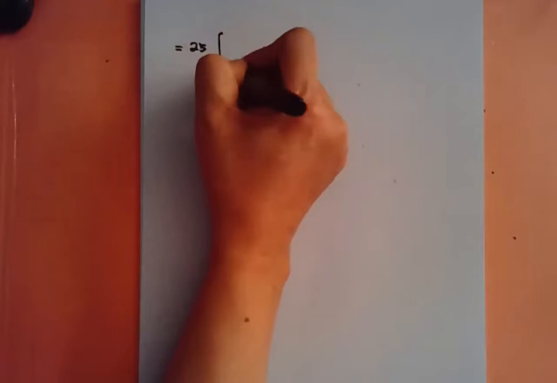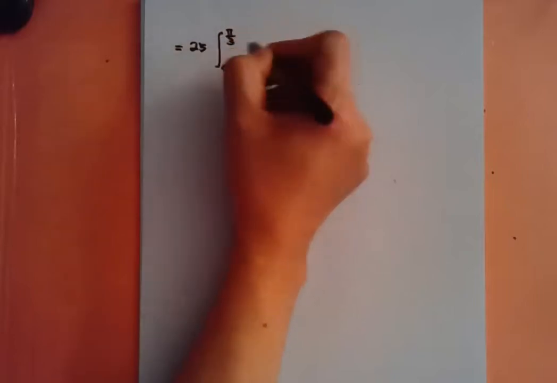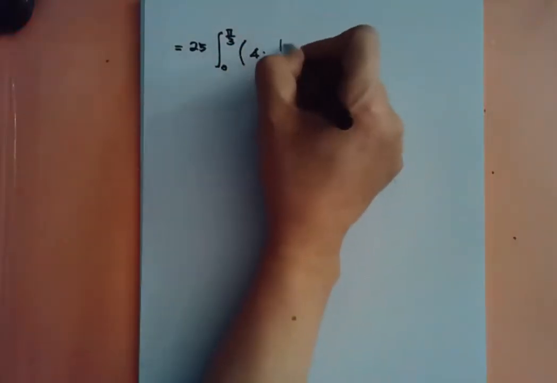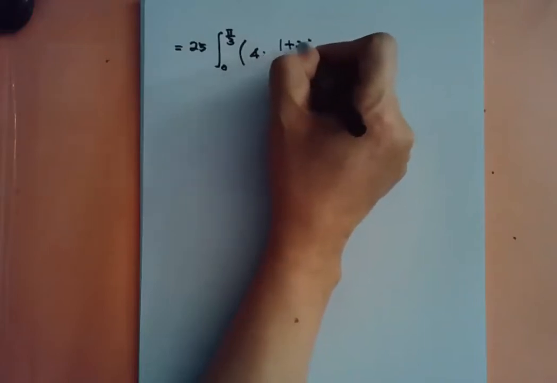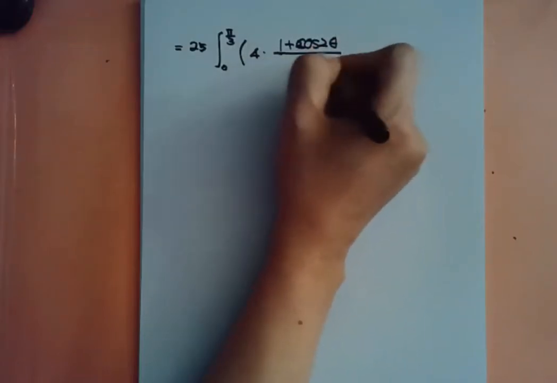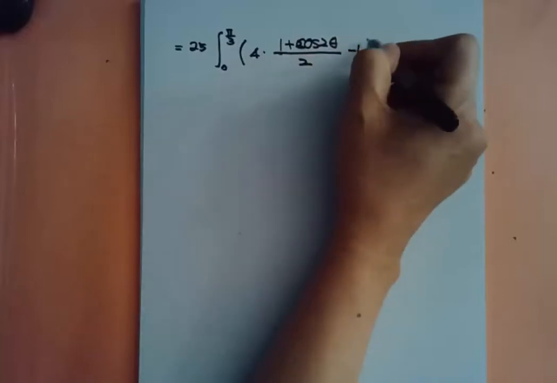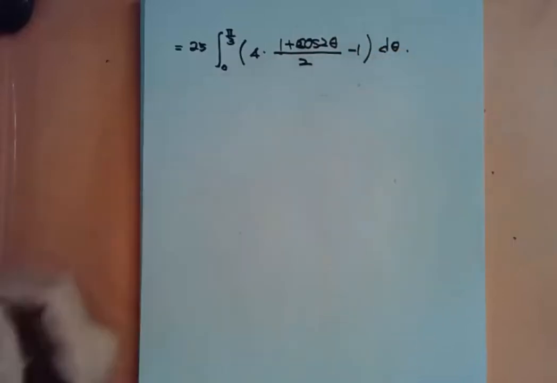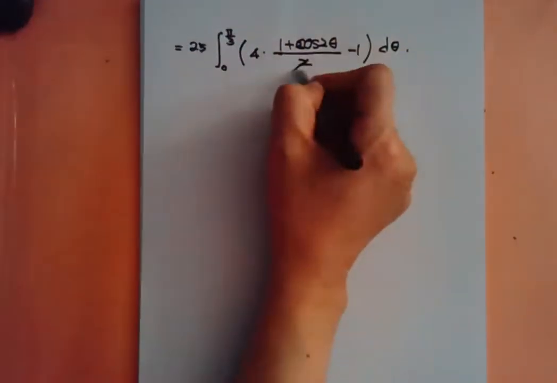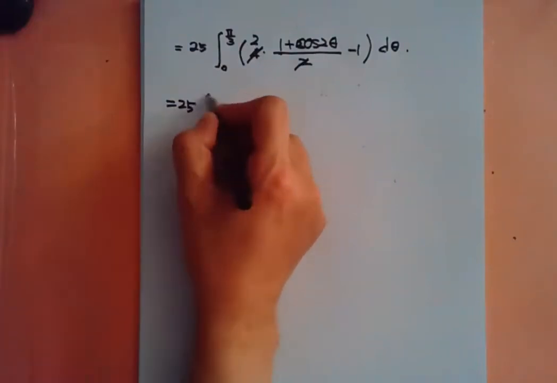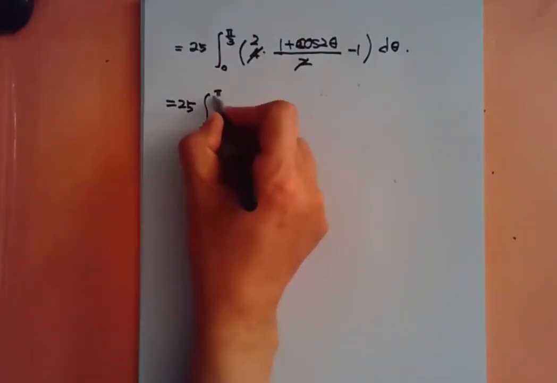That is 25 from 0 to pi over 3 times 4 times cosine squared, which is 1 plus 2 cosine of 2 theta over 2, minus 1 d theta. So this is 2, so 25 times the integral from 0 to pi over 3.